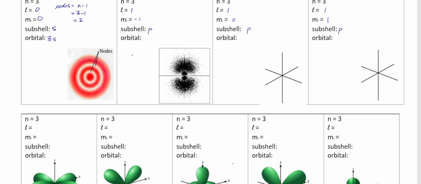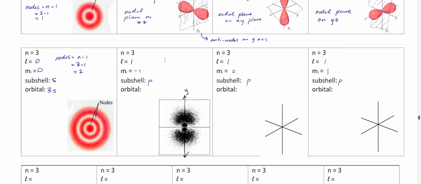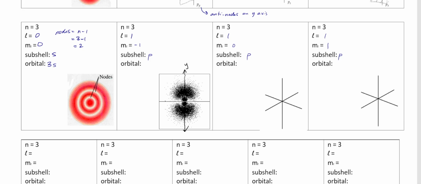I'll say that this is the y-axis right here, along here. Okay, that's my y-axis. And so up and down is my y-axis, okay, we'll call this one my x-axis, and I'll just draw in a z-axis over here.